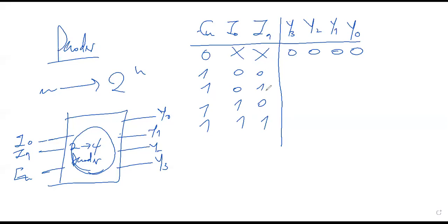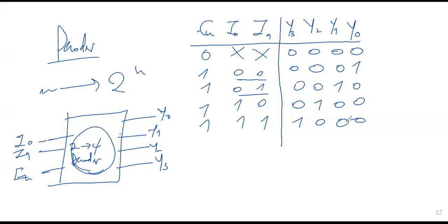Now, how does the decoder work? For a specific input, in this example 0 0, you have 1 output and the rest are zeros. Next one, 1 output, zeros. Next, 1 output, zeros. This is how the decoder works.